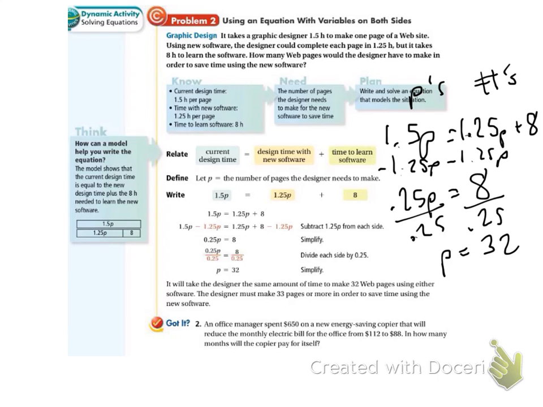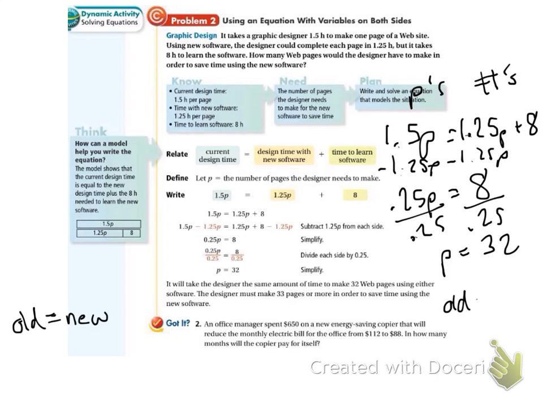Okay, we're going to use that same idea with old equals new in this one. An office manager spent $650 on a new energy-saving copier that will reduce the monthly electric bill for the office from $112 to $88.